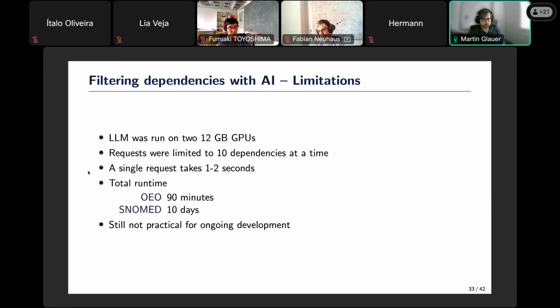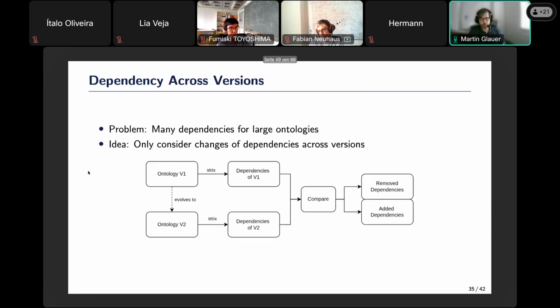So next slide. We want to do a bit more. What if, instead of considering the dependencies in the whole ontology, we look at dependencies across the development cycle? What if we look at, for example, two different versions of the same ontology and see how the dependencies developed over time?